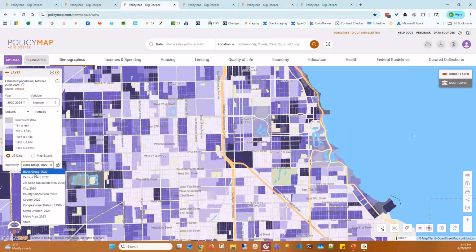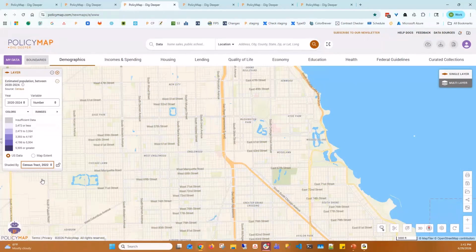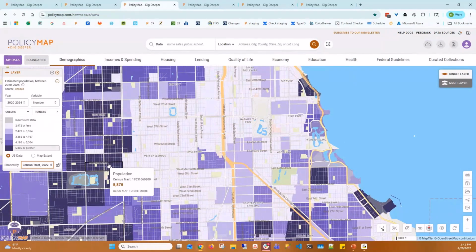Block groups will always fit nicely inside of census tracts, which always fit perfectly inside of counties, which of course fit inside of states. So the block group, census tract, county, and state all aggregate up to each other. Every census tract in a county exists in that singular county. If you add up all of them, you will get the exact number that that county has.